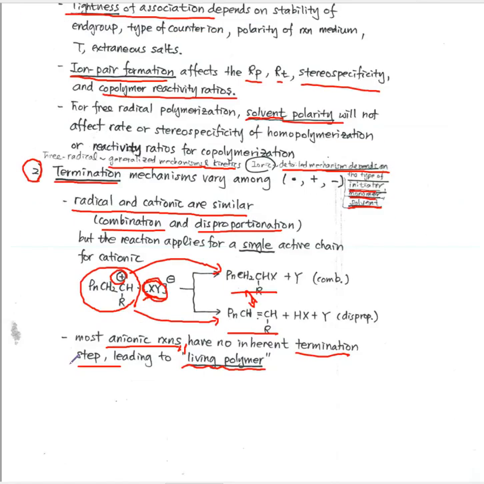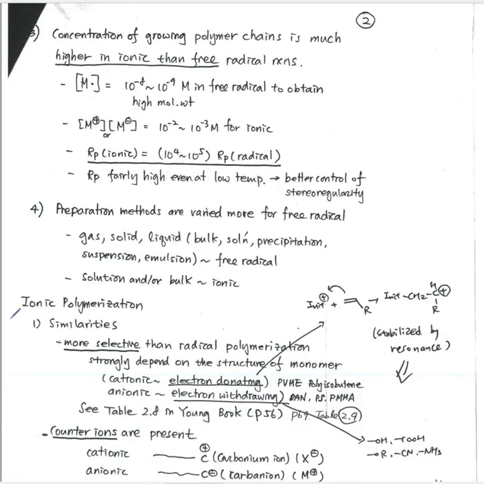And the third difference, let's move on to the next page. The third difference is that the concentration of the growing polymer chain is much higher in ionic polymerization than in free radical reactions. If you compare the concentration values, the free radical concentration inside the reaction media is on the order of 10 to the minus 8 to 9 mole.